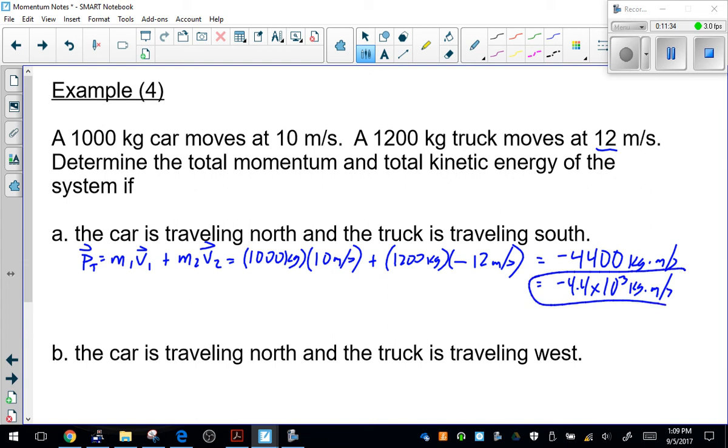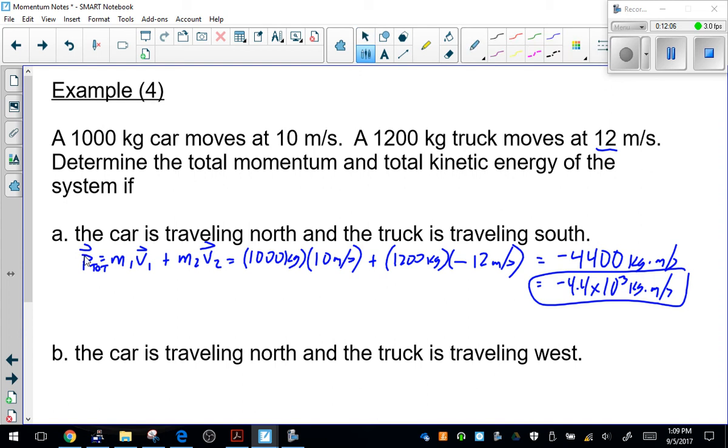A little bit different than other questions we've done to this point because we've had to combine the car and the truck together. But I don't think that's a big jump from what we've already done, right? Just find the momentum of two things combined. I'm going to change that subscript to P total instead of PT because I don't want you to get mixed up and think it's the momentum of the truck. It's the total momentum.